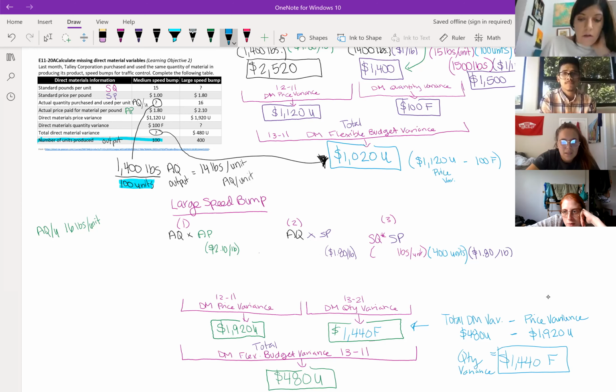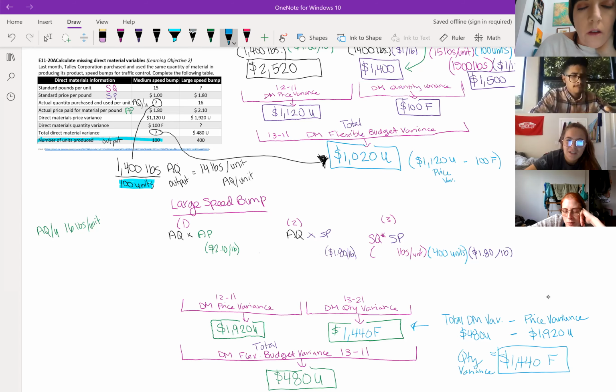Professor, I'm kind of confused on how we can tell if they're favorable or unfavorable. Because I feel like on the test it'll switch it, and it's super confusing for me for some reason. Sometimes it's not always adding or subtracting. You have to think about what you're looking at. So for the price variance, you're comparing your actual price paid to your standard price.